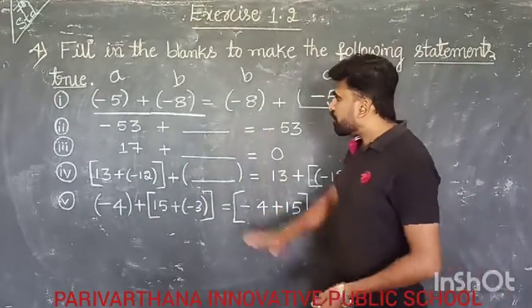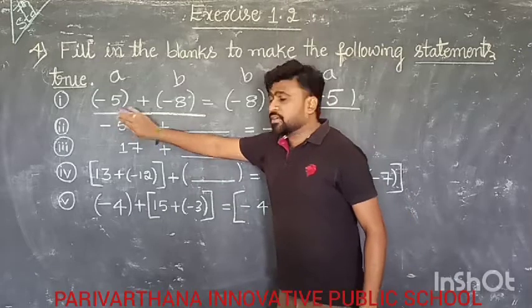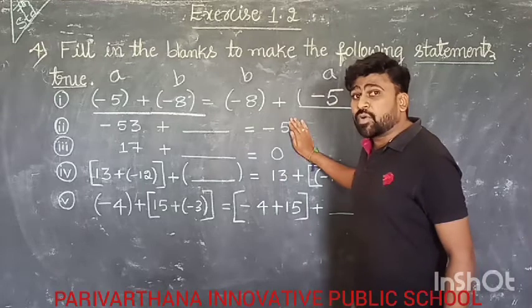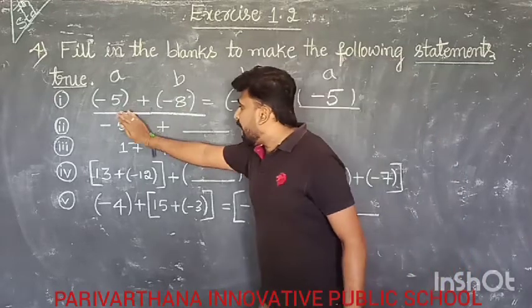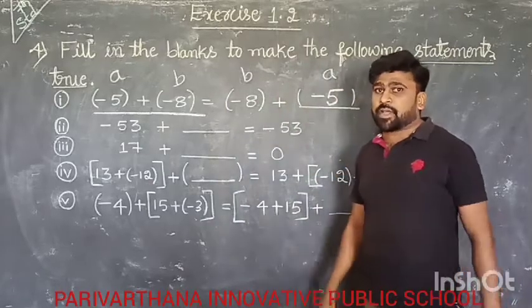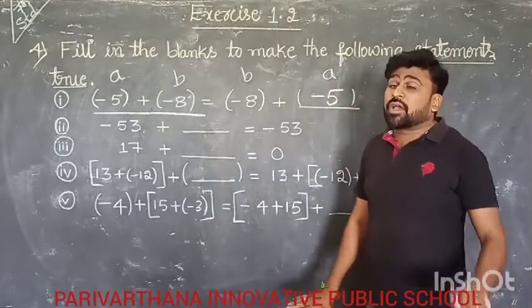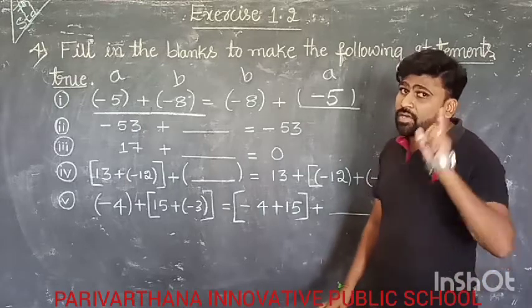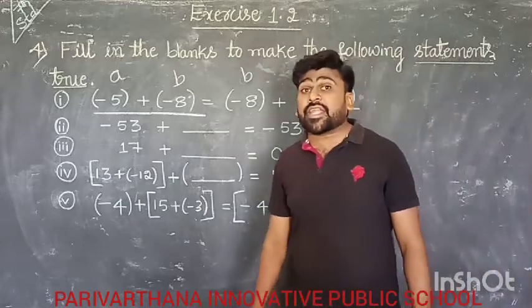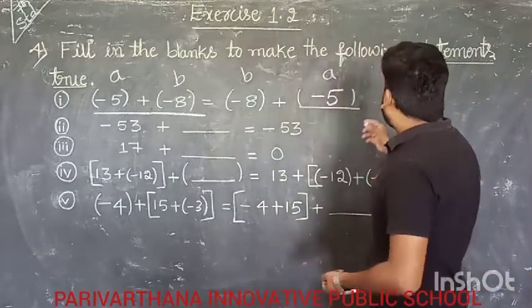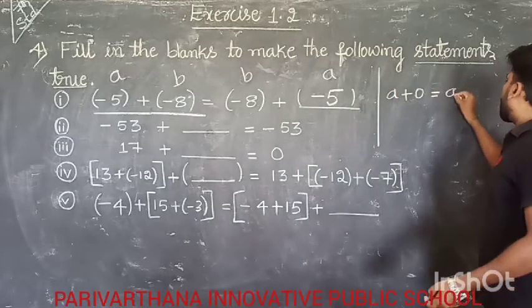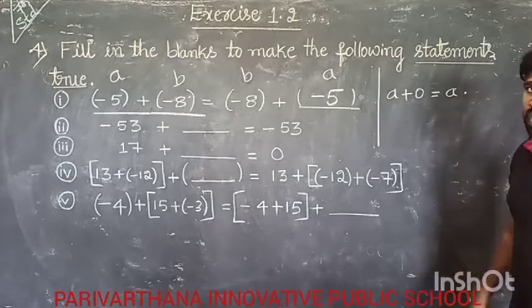The second one has one number, one integer. You have to fill the second integer so that the answer is only one integer. That means A plus B is equal to C. Otherwise, we can identify the second problem as the additive identity. Additive identity, listen here: A plus 0 is equal to A. This is the additive identity.